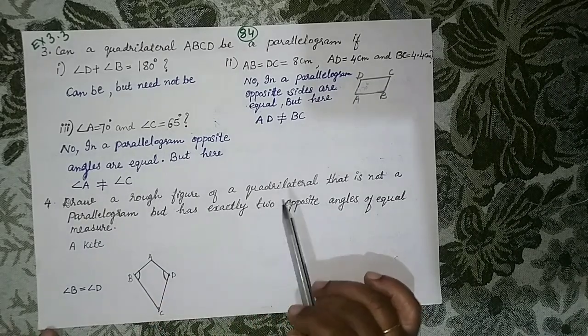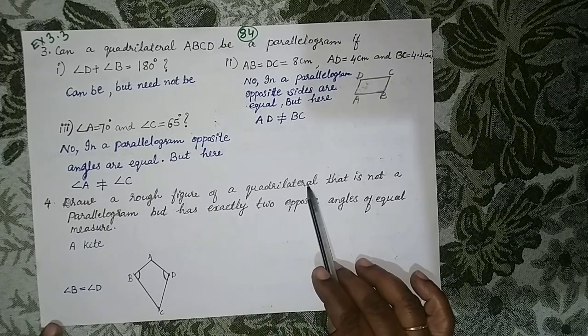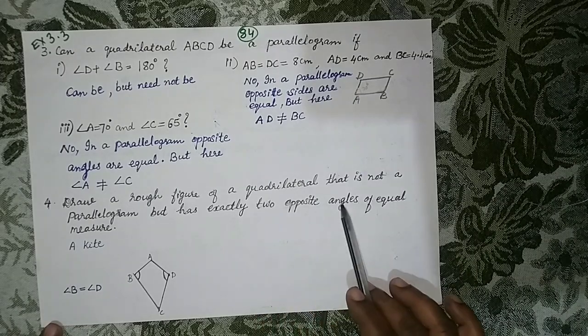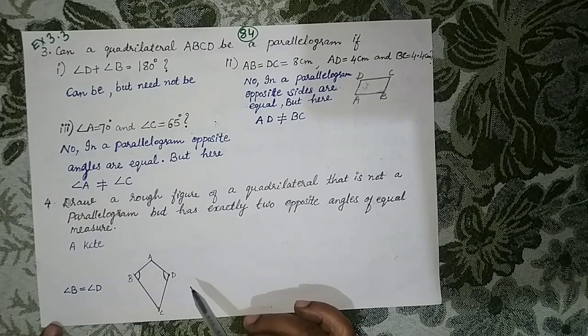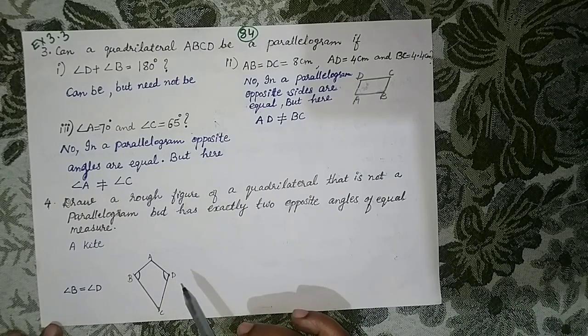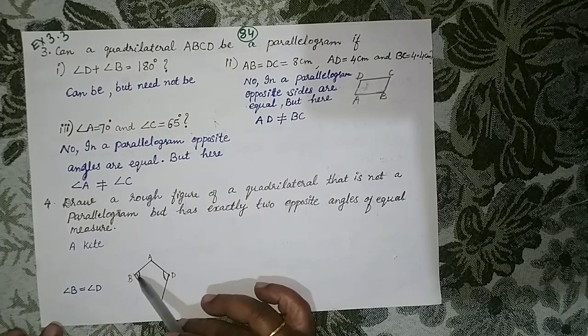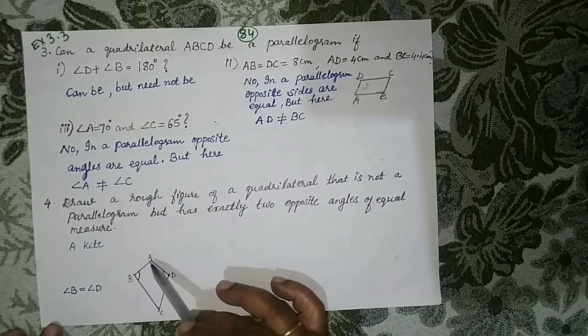Okay. Now draw a rough figure of a quadrilateral that is not a parallelogram but has exactly two opposite angles of equal measure. So it is not a parallelogram but two opposite angles are equal. The answer is a kite. In a kite you can see these two angles are equal but these two angles are not equal.